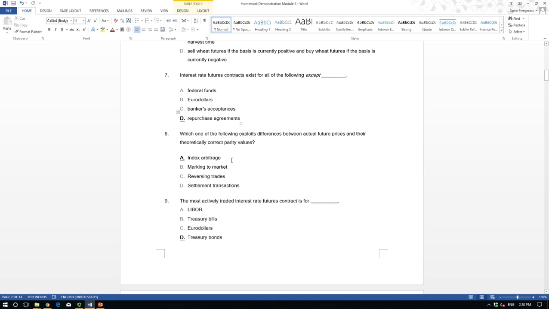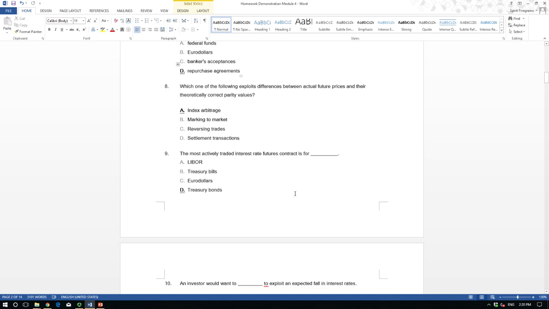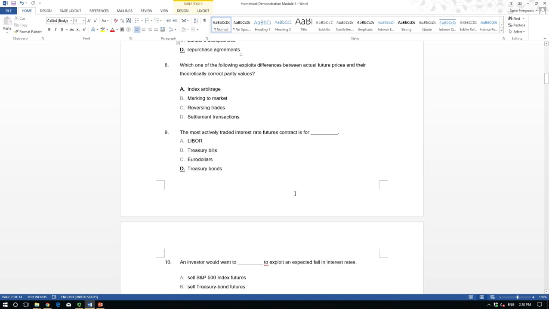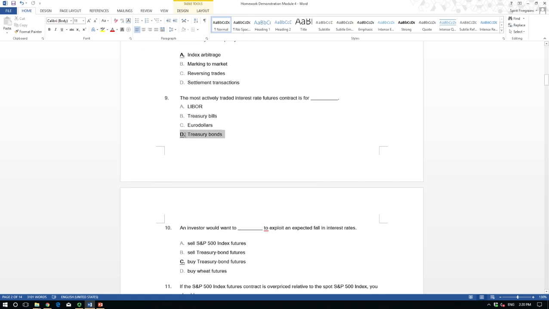And the theoretical value can be derived from the future value of holding the underlying assets of a stock portfolio, and the index futures contract will give you another price. If those two prices are different, then you can take the arbitrage. It's called index arbitrage. Number 9, the most actively traded interest rate futures contract is for, of course, treasury bonds. That's the most popular underlying asset for interest rate futures contracts.